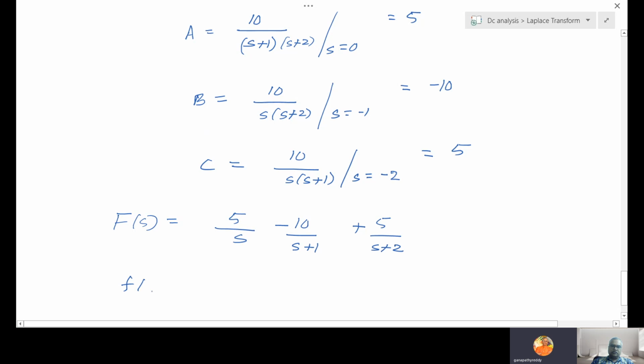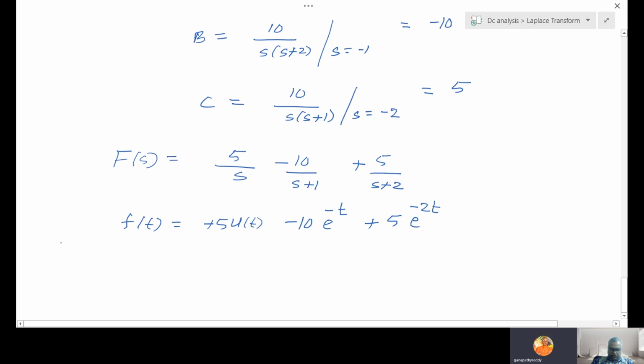So what is f of t? 5 u of t minus 10 e power minus t plus 5 e power minus 2t. So like this we can do.